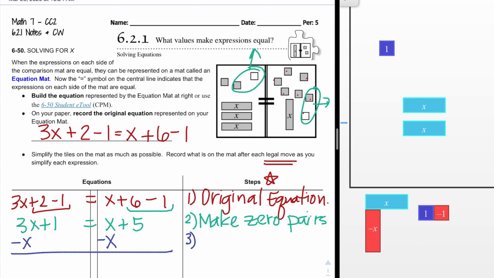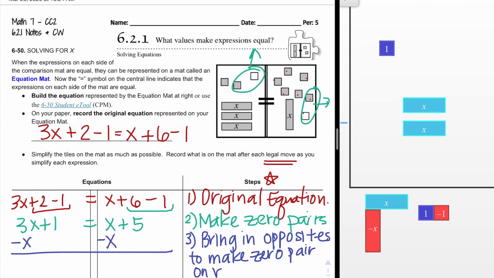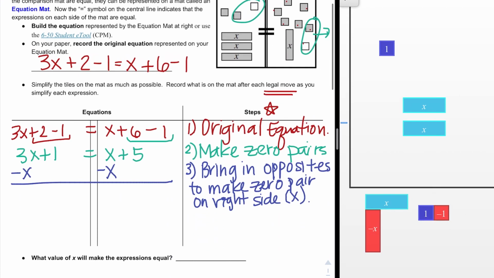Okay, so this third step is called, let's see, bring in opposites to make 0 pair on right side. Okay, and this time it was only for the x, so I'm going to put an x there so that way we can remember what we brought it in for.